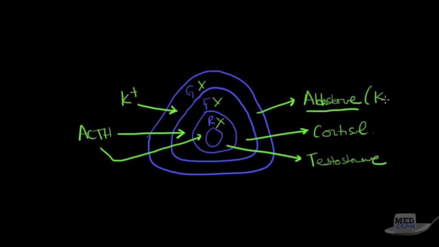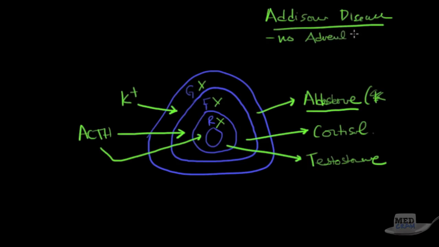By the way, this is called Addison's disease. In Addison's disease, you have no adrenal glands working. You would see an increase in potassium because aldosterone's not working.